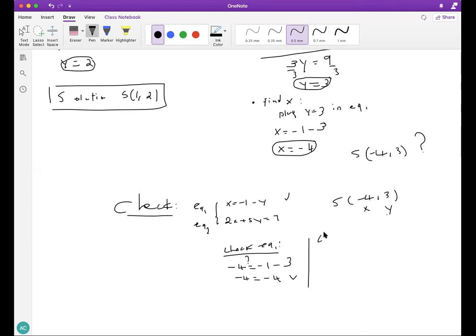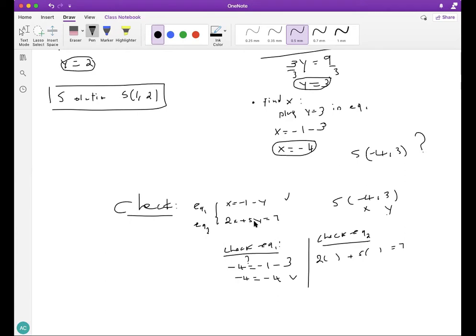So check equation 2. We're going to take this equation and plug these into it. So it's going to be 2 times, 2 times what? 2 times x, which is 2x.